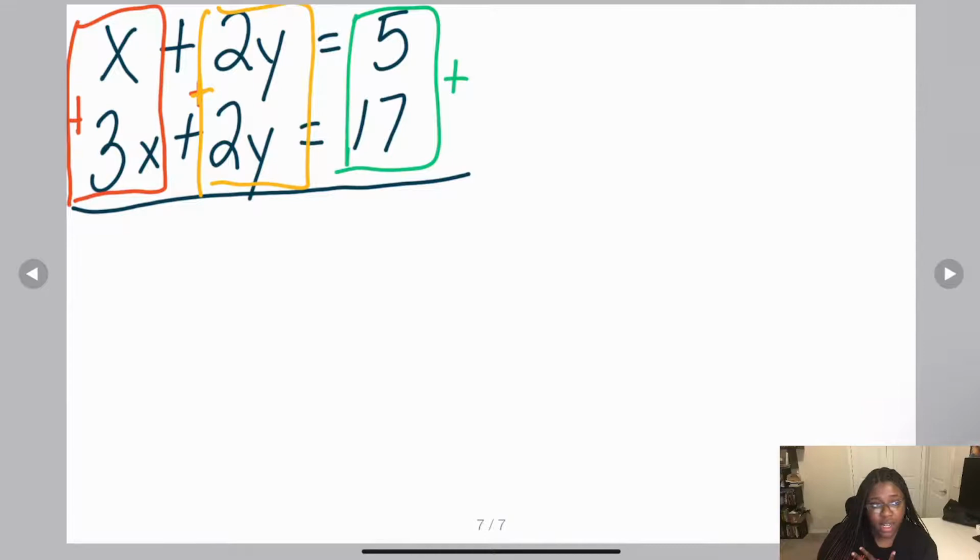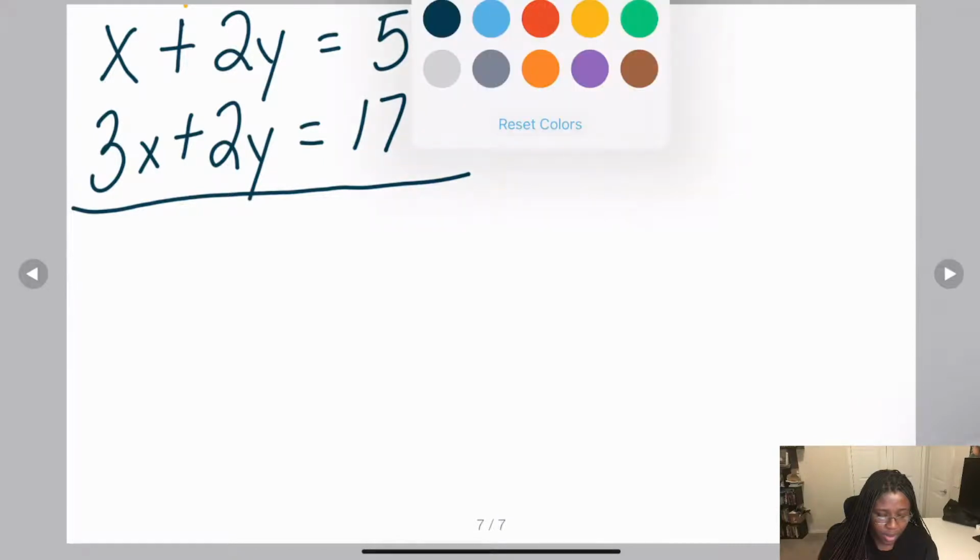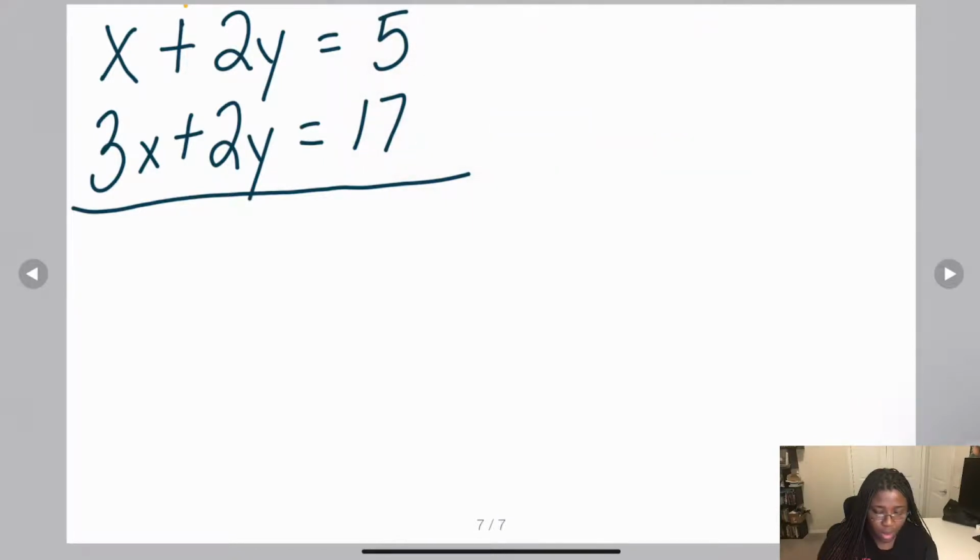In my opinion, you always want to eliminate the variable where the two numbers match but aren't opposite. So in this case, if I look at my y's, if I erase all of this and I go to my y's, I can see that both of them have 2's on them.